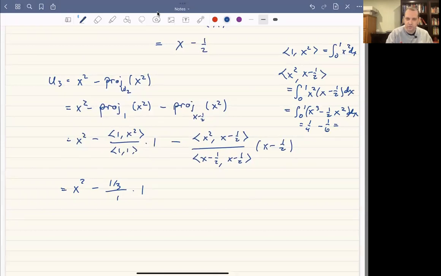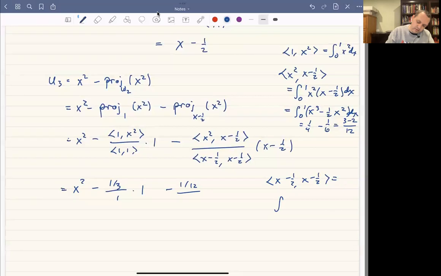If you were in class, I would ask for your help with the algebra here. I guess our common denominator here is 12ths. So this is 3/12 minus 2/12, so 1/12. So that's the inner product of X squared with X minus 1/2.